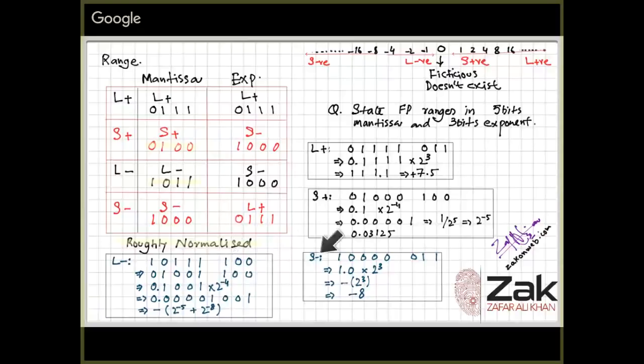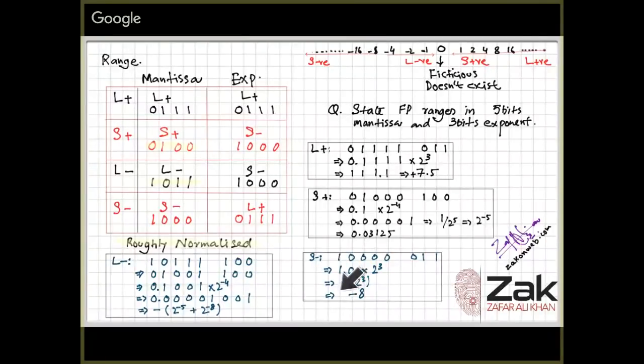Smallest negative, this is negative 1 into 2 to power 3. Alright, so this is negative 2 to power 3, means minus 8. Is it clear? So the smallest negative number is the number with the largest positive magnitude, right?